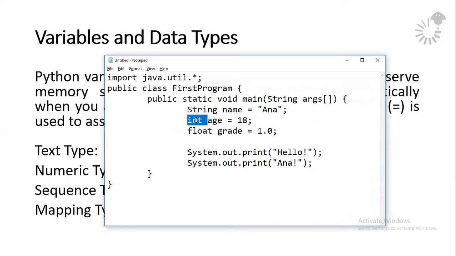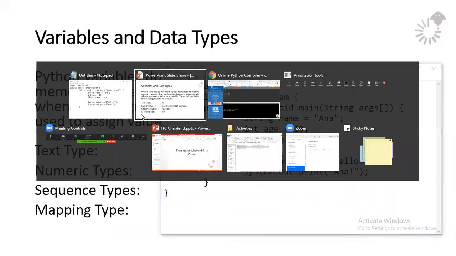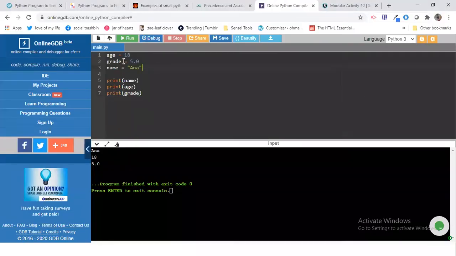Data type, variable name, value. Ganyan yung declaration initialization with Java. Kung wala yung data type, that will cause an error. However, kay Python, kahit walang data type, that will work. Kasi once na nag-assign tayo ng value, nire-read na ni Python yon.